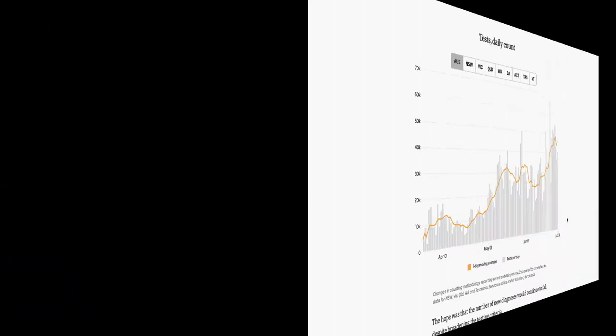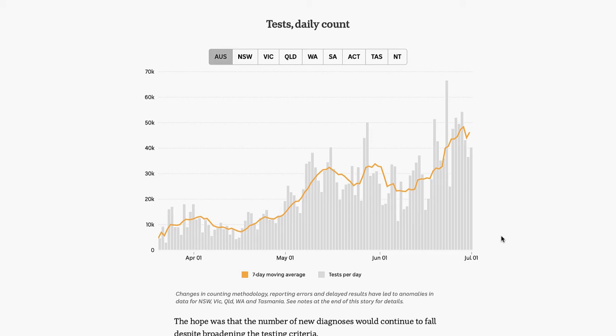Think about all the coronavirus information that's been presented recently in the news. So here you can see that the graph displays the number of daily tests across Australia since March. There's a lot of detail in that information, but presenting it in a graph also helps us visualize the trend going upwards, which is that we're moving to more and more tests on a daily basis. And the great thing about this is that you can then focus on each jurisdiction.